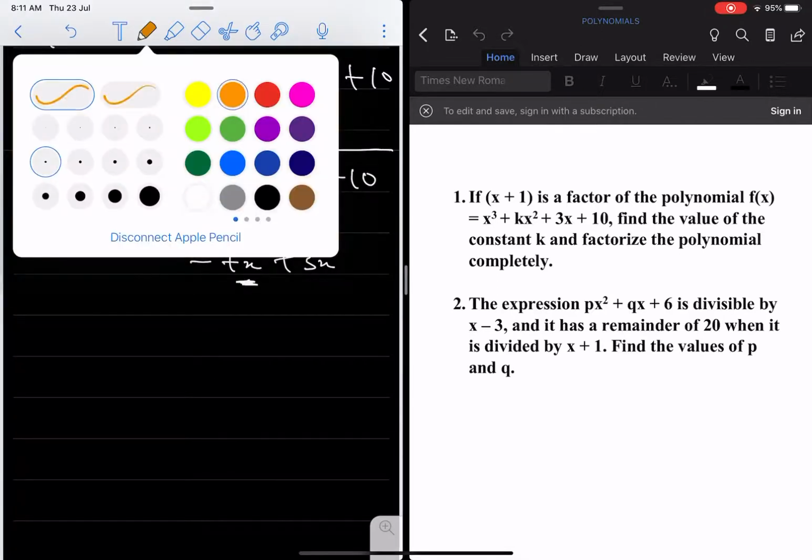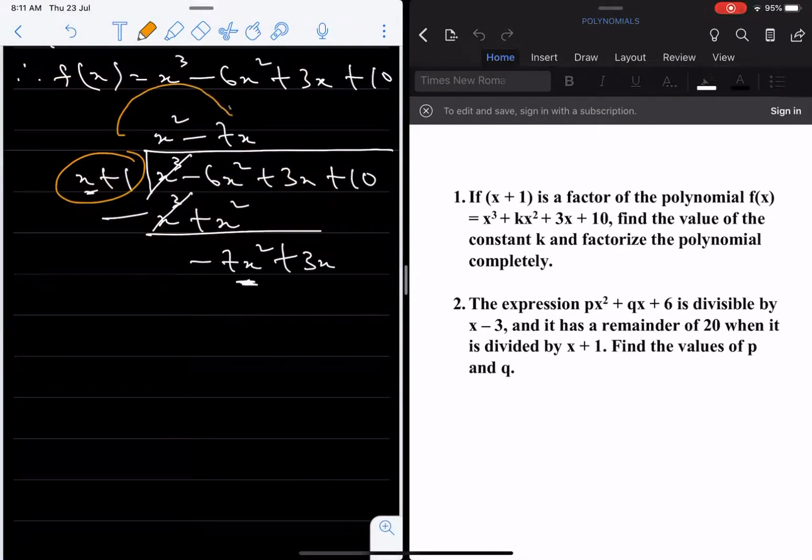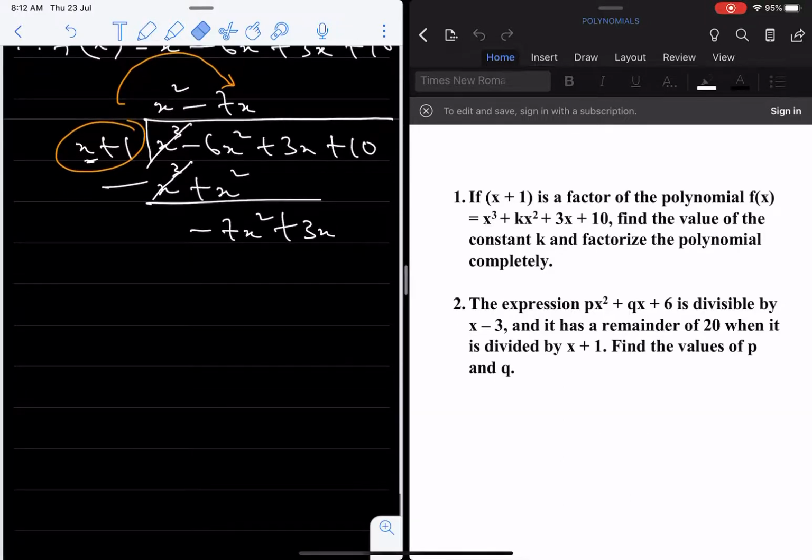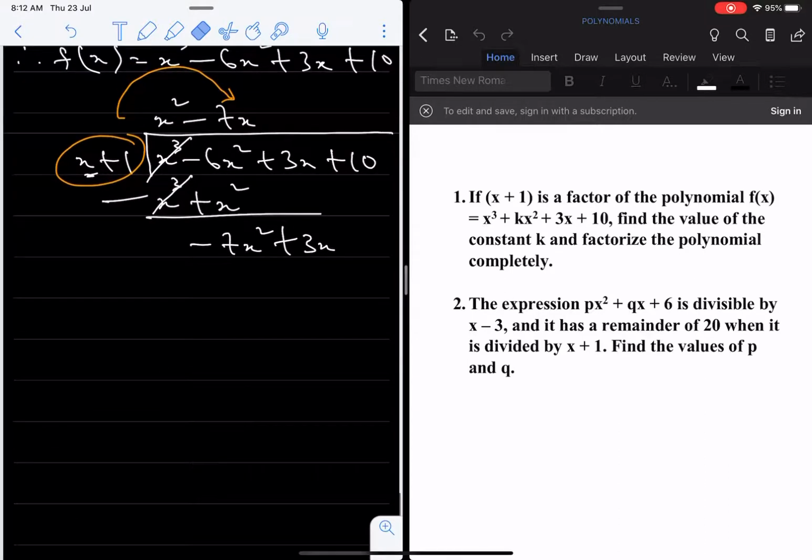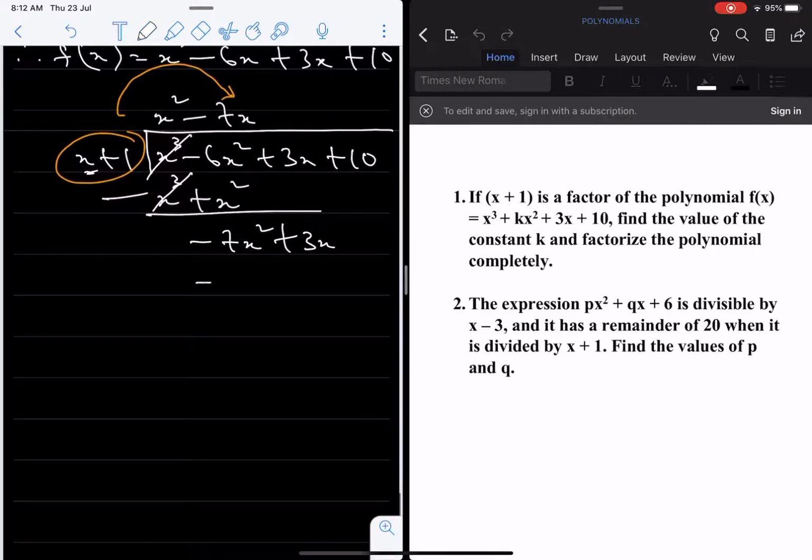Now we multiply again the whole of the divisor by that result. x times minus 7x is minus 7x squared. And 1 times minus 7x is minus 7x.